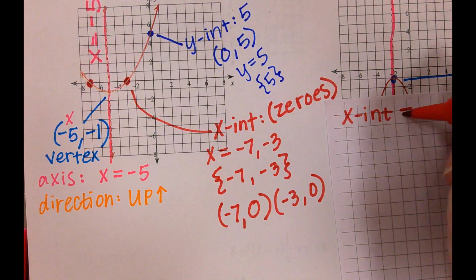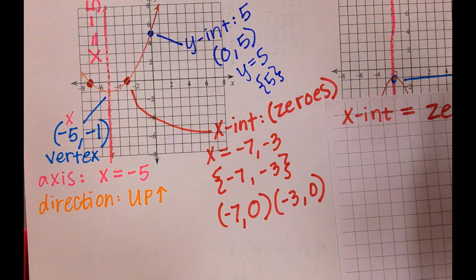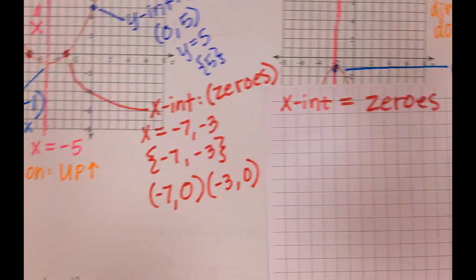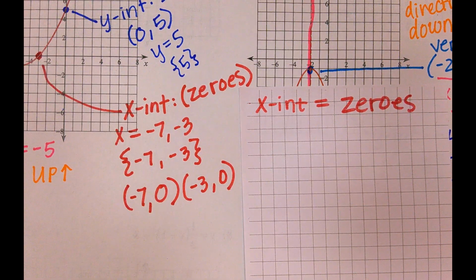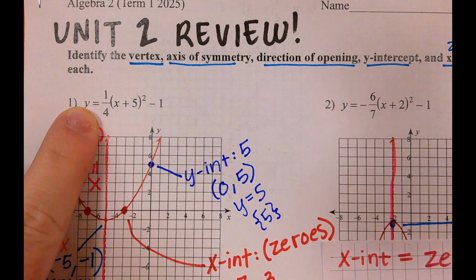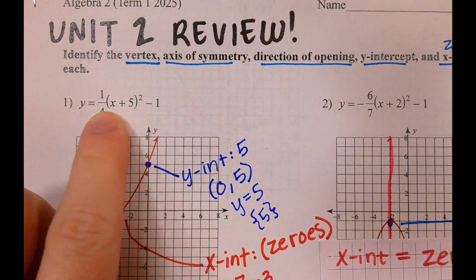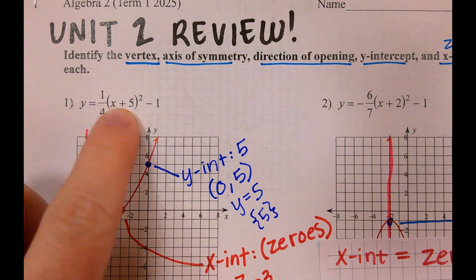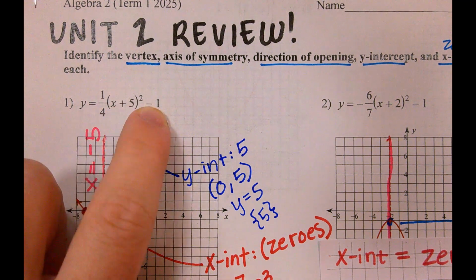X-intercepts equal zeros because when I have a quadratic equation here, and in this equation, this is not written in a form that you're used to. This is y equals 1/4 times (x plus 5) squared minus 1.